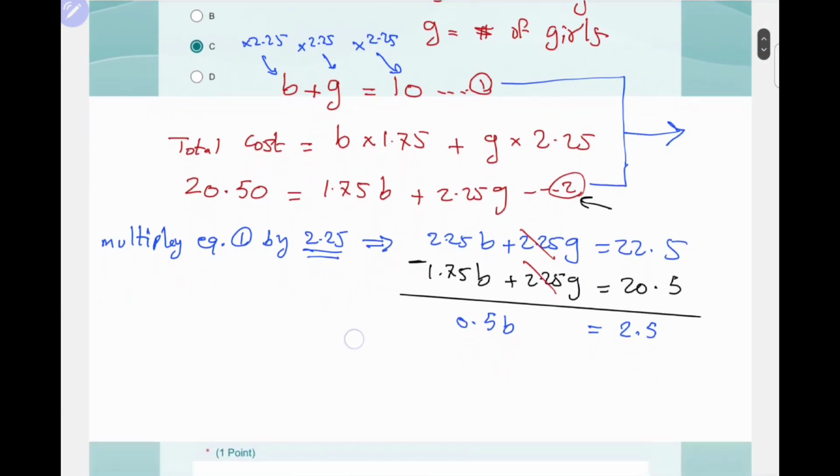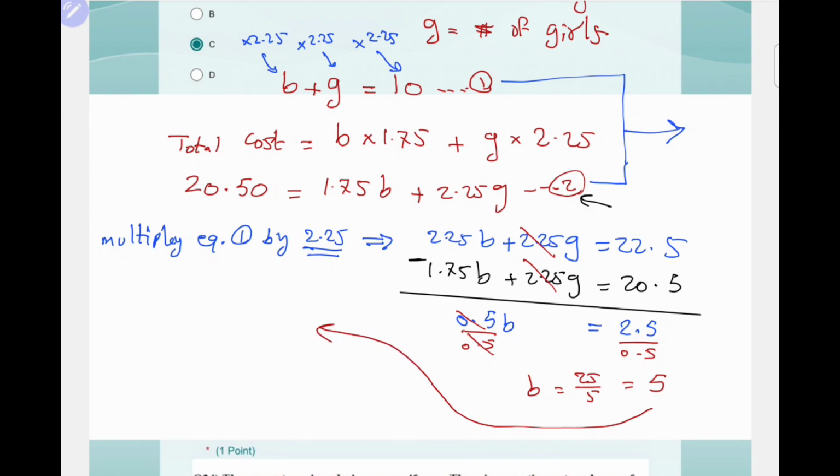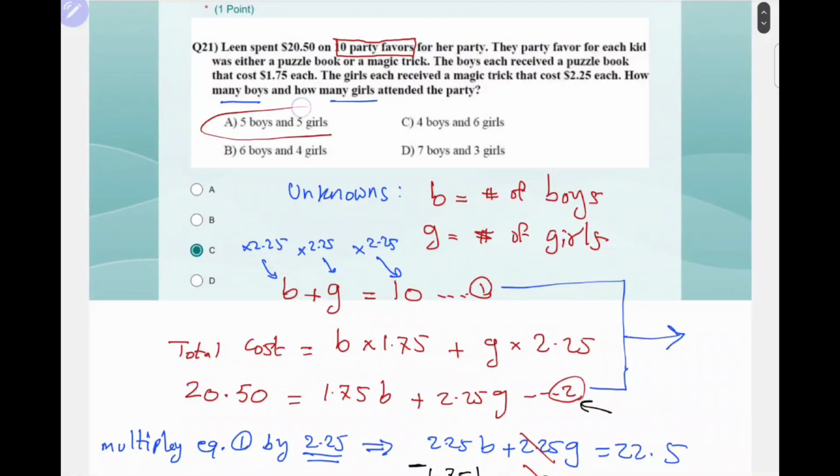In this case, we can divide both sides by 0.5, then you will have B equal to 25 over 5, which is equal to 5. So the number of boys is equal to 5, therefore we know that B plus G equal to 10, and G also is equal to 5. So the answer is A.